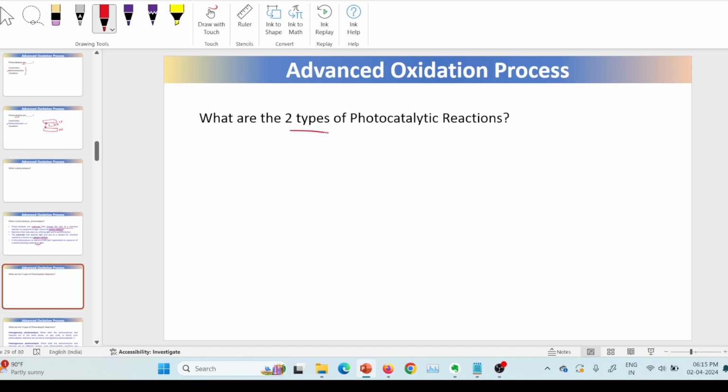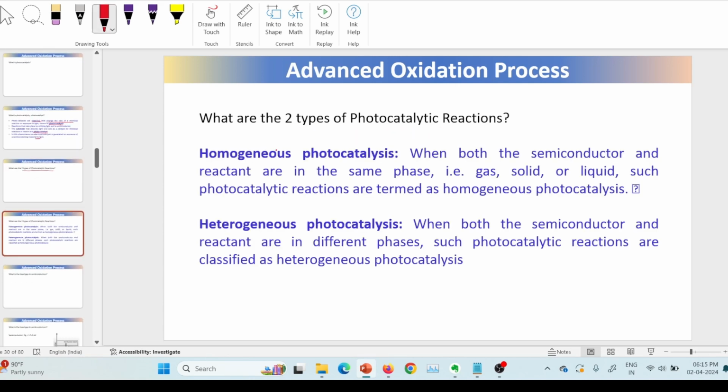What are the two types of photocatalytic reaction? So there are two types of photocatalytic reaction. One is homogeneous, another one is heterogeneous. So let's see what happens in the homogeneous. When both the semiconductor and reactant are in the same phase, that is gas, solid or liquid, such photocatalytic reactions are termed as homogeneous photocatalysis.